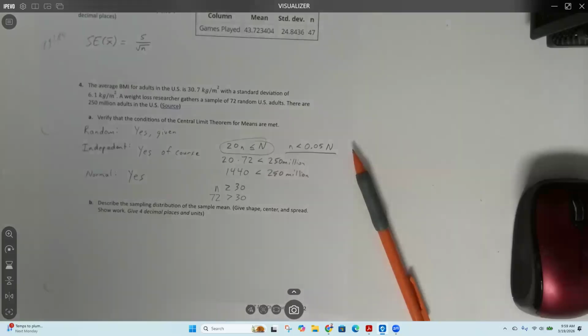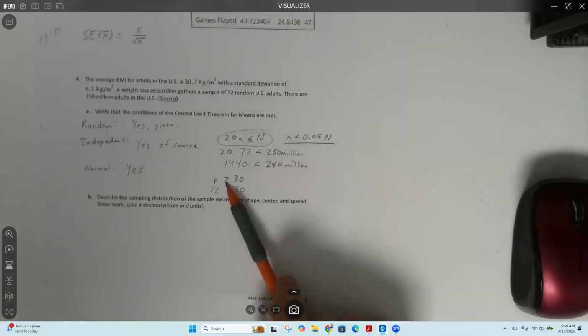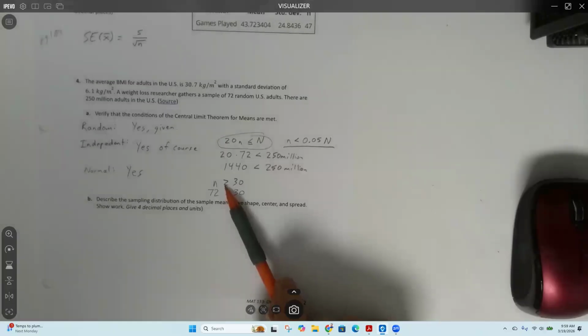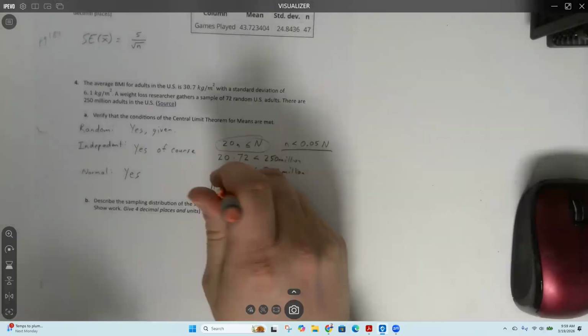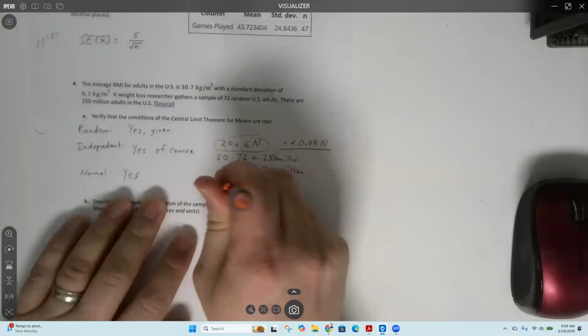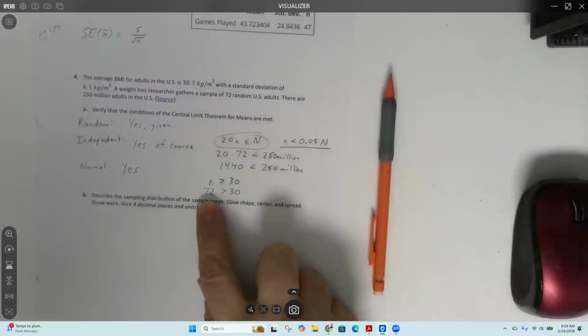So technically greater than or equal to 30, but being equal to 30 is not the best. So I'm going to just ignore that and say it's got to be strictly greater than 30. Even 72 is not a great sample size.